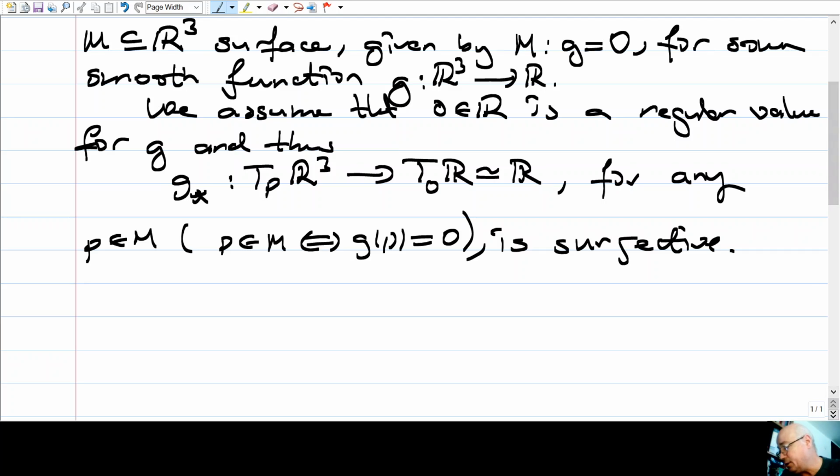Well, surjective means how this map is defined. g star, if I take the matrix representation of this in the standard basis for R3 and R, then we know that this is given by the gradient matrix.